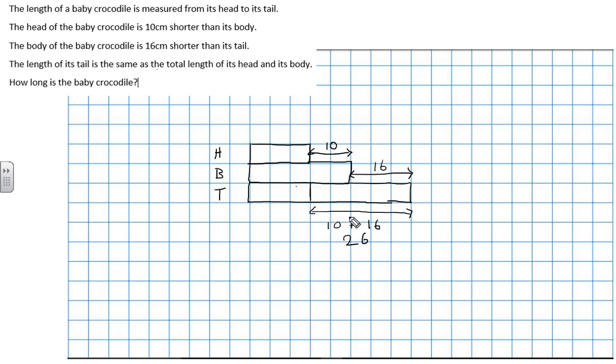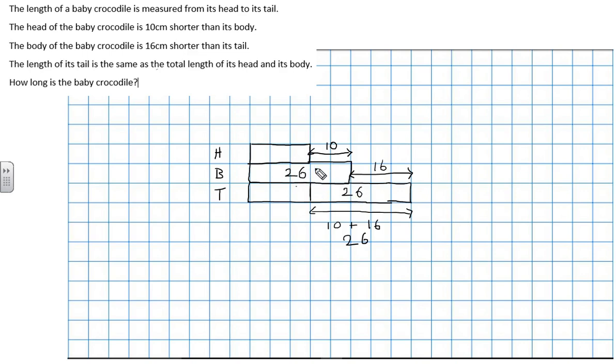All right, so this difference is 26. So we know that this part is 26. And this part must be equal to the body, because this part is equal to the head, this part is equal to the body. So there we go, that's 26.